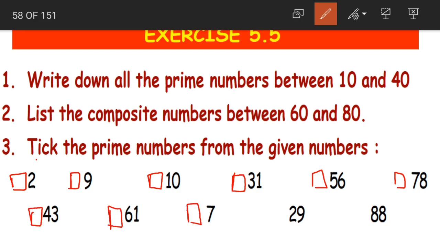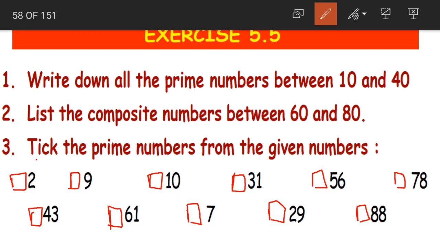So whichever are the prime numbers, click in the box before that number. After ticking all the prime numbers, click on the finish button at the bottom, children. Then if you click on check my answer, you will get the result of how many questions we have done correctly.